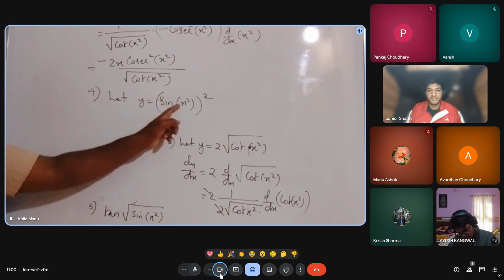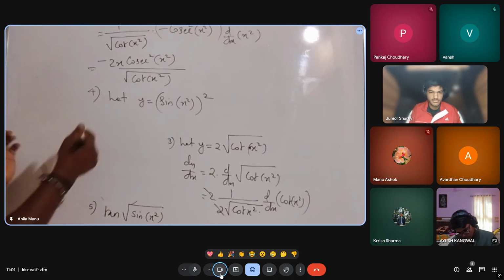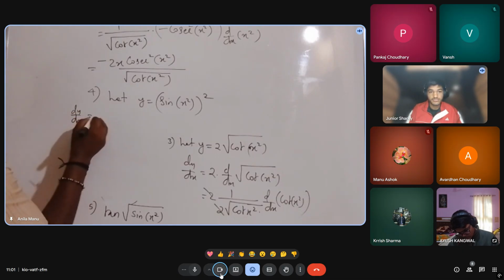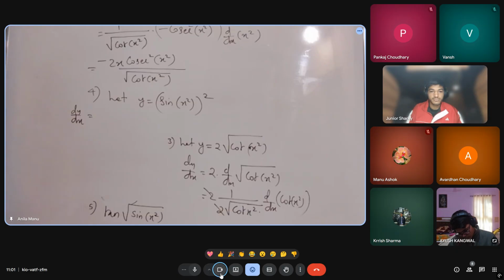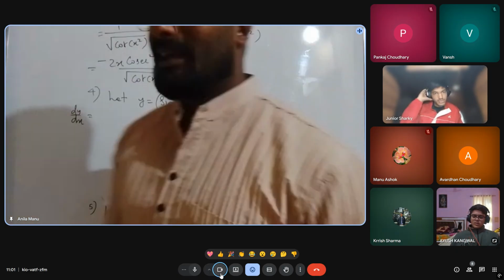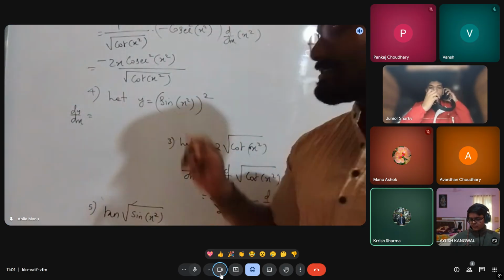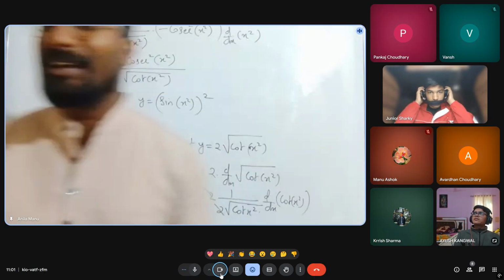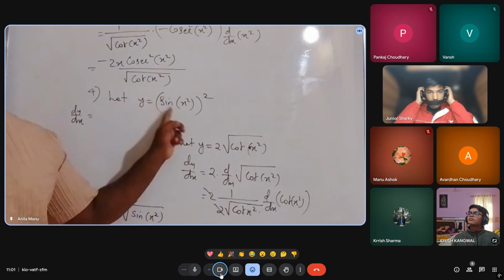y is equal to sin of x square, the whole square. So dy by dx is equal to, first what you can see, please tell me. In this function, what you can see first? Raised to power 2. Very good. Here it is not sine.